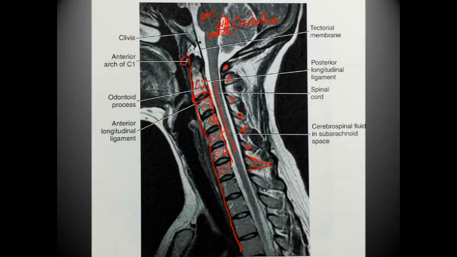We do have cerebrospinal fluid in the subarachnoid space. Additionally, we have the nasopharynx, the oropharynx, and the laryngopharynx demonstrated here as well.